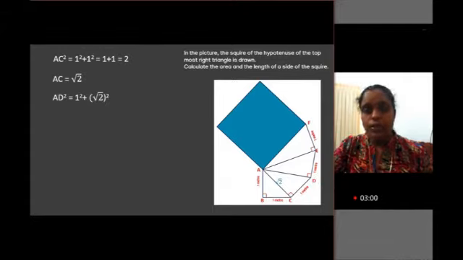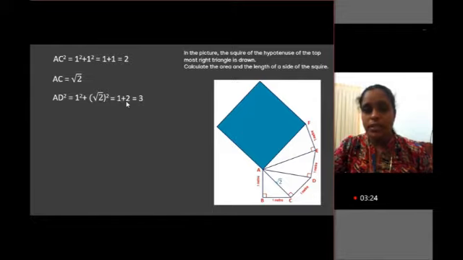So AD square is equal to 1 square plus root 2 square. That is equal to 1 square plus root 2 square is 2. So this is 1 plus 2, that's equal to 3. Here root 2 square is 2.